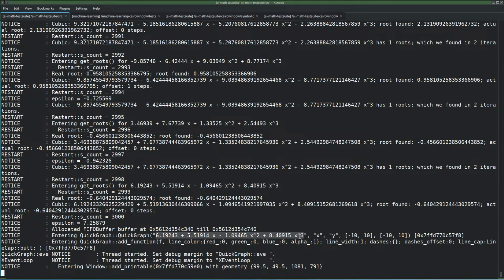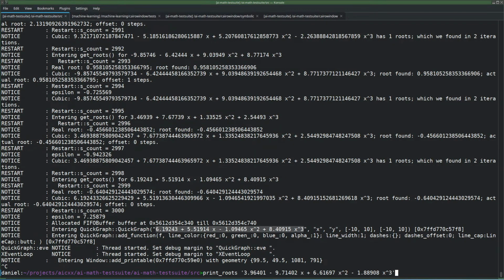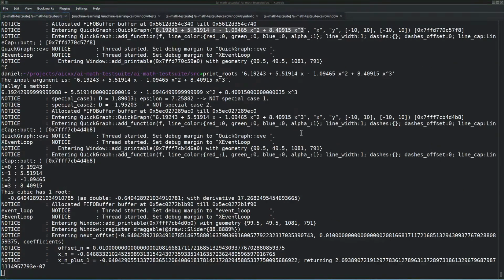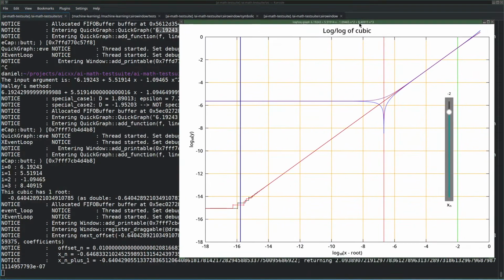This cubic. Copy. No problems whatsoever. There are no problems. It's as accurate as you can get it.